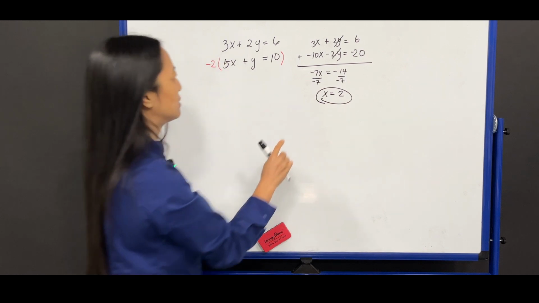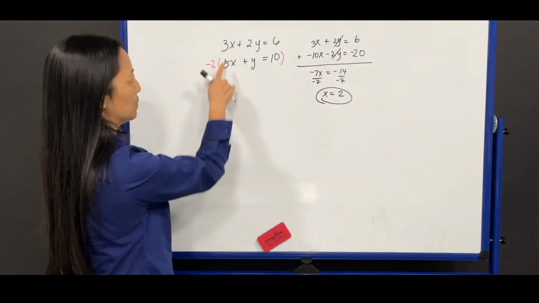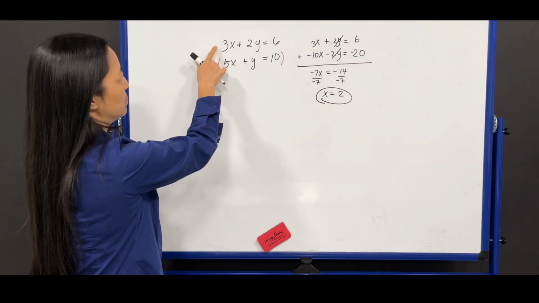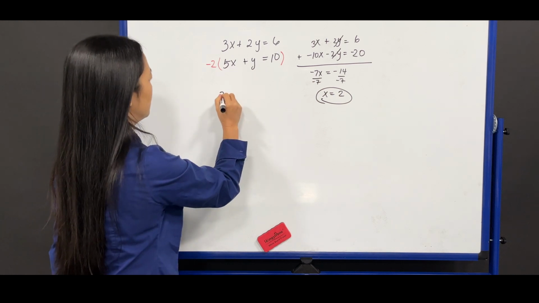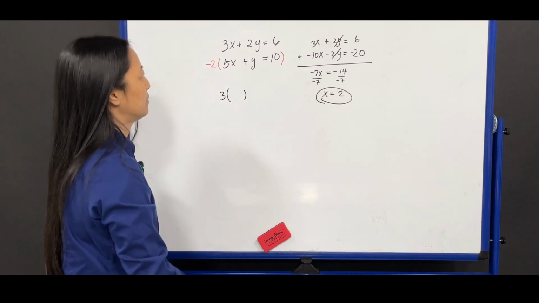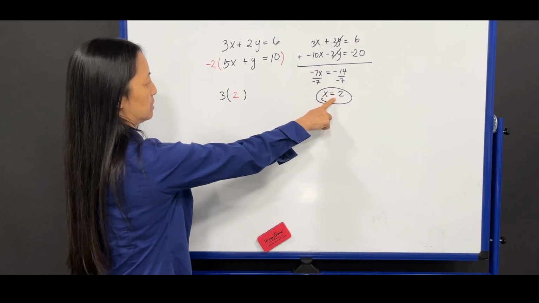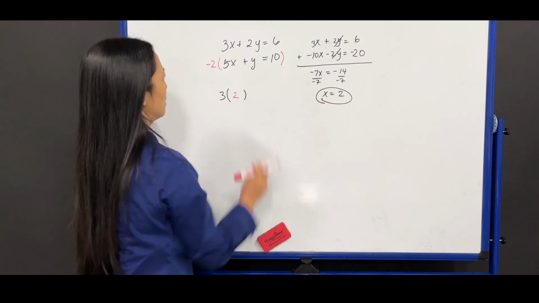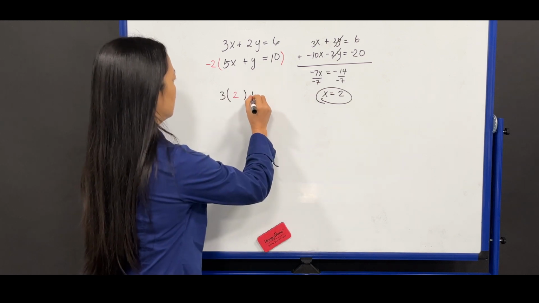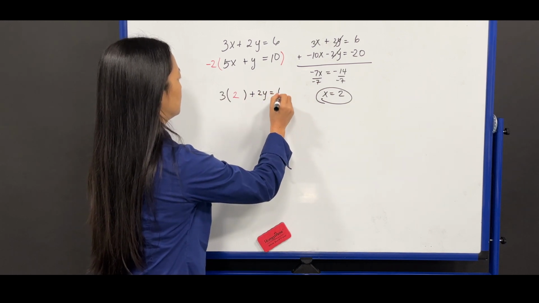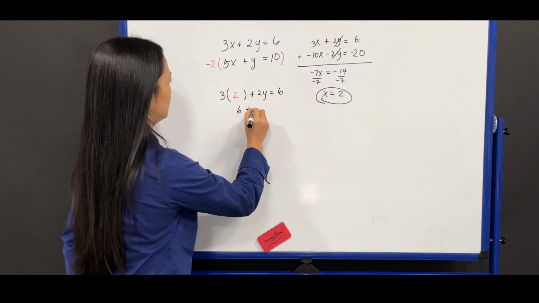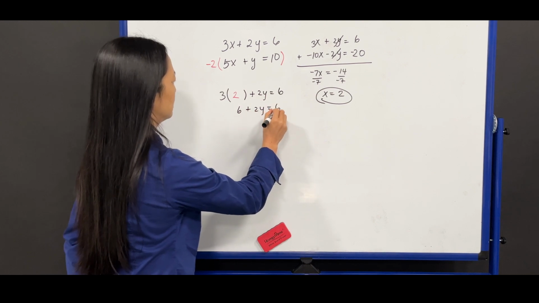Now that we have x, we're going to substitute this back into one of these equations. Let's use the first one. We get 3 times 2. We're substituting this 2, plus 2y is equal to 6. We get 6 plus 2y is equal to 6.